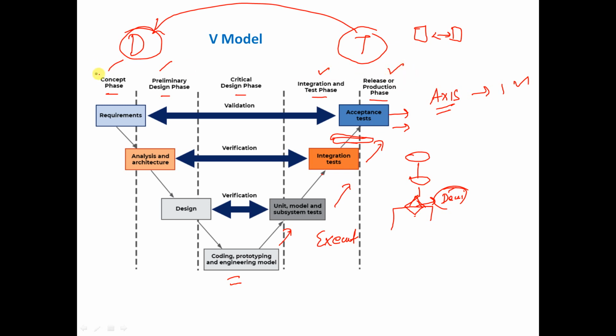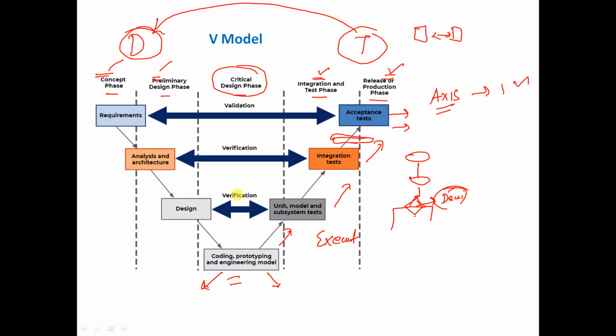So these are the two phases that they'll be working on during their life cycle. And the critical design phase is the one where for both it will be critical, because with respect to the development it is the code, and here it is the execution of the code.